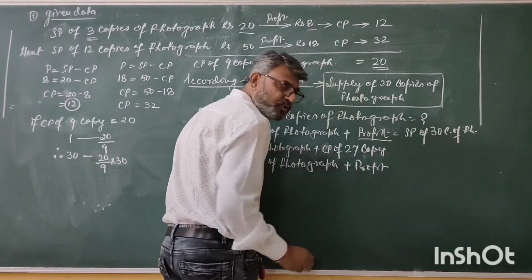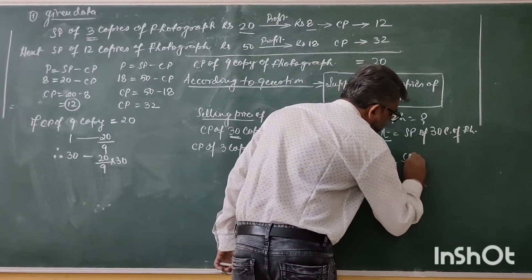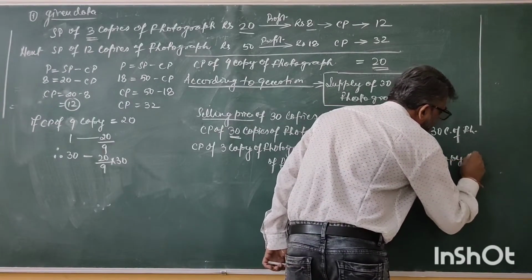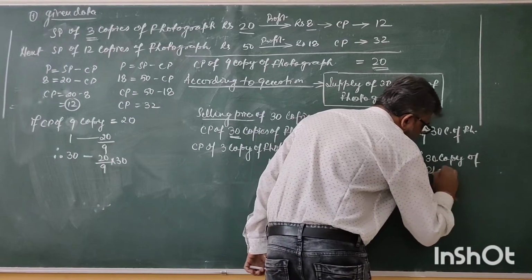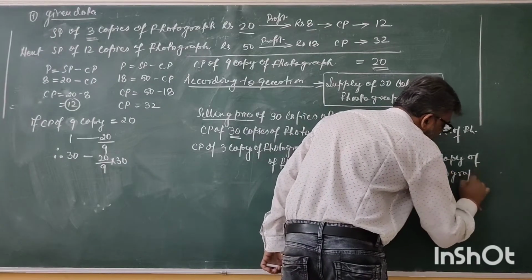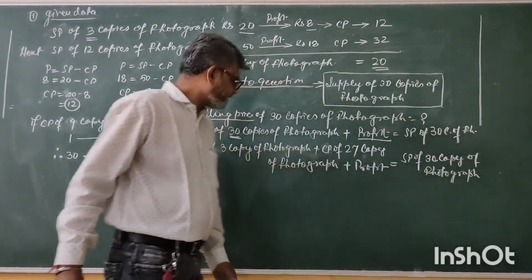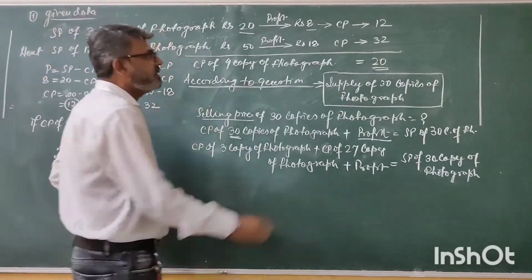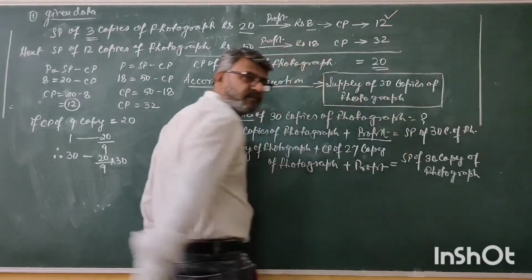This is the profit proportion equals SP of 30 copies of photograph. Clear? Isn't it? Now the CP of the first 3 copies is very simple.